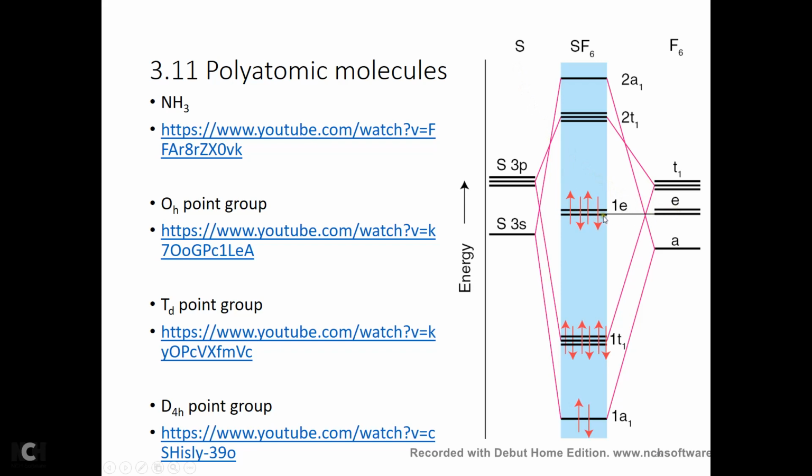However, because the difference between this MO energy and the atomic orbital energy of sulfur is very large, the interaction is small, so these four electrons are weakly bonding electrons. All right, in total we have eight bonding electrons, plus four weakly bonding electrons, a total of 12 bonding electrons. That means we have a total of six bonds.